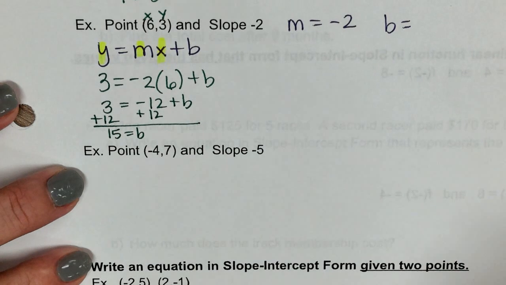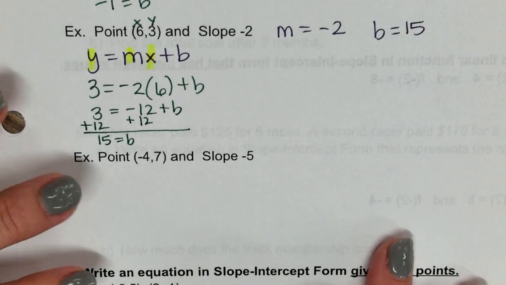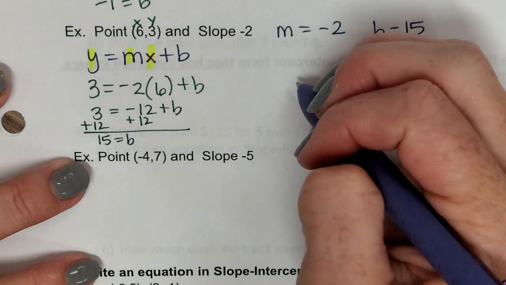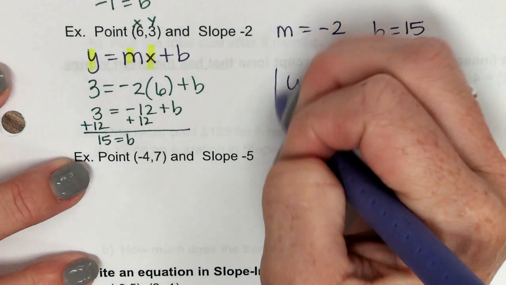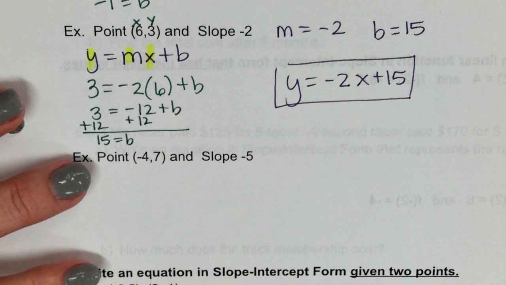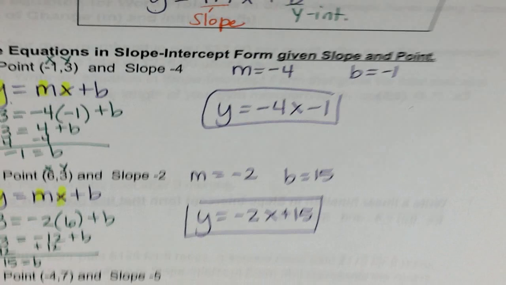So my b is 15. So now I can write my equation. Y equals -2x plus 15. Do y'all want to do another one of those, or y'all got that? Got it? Okay, let's skip that one then, and let's go to the bottom.